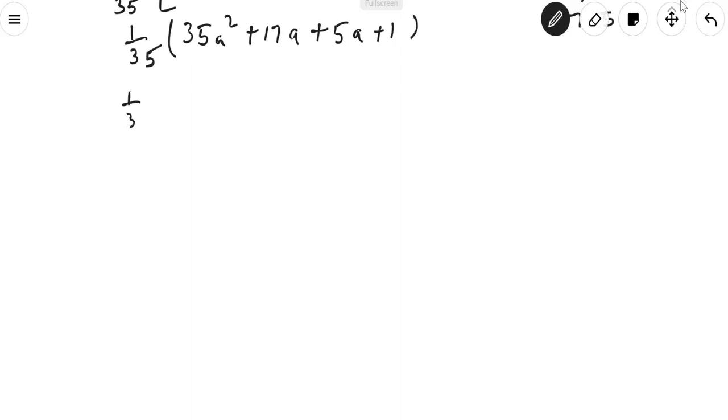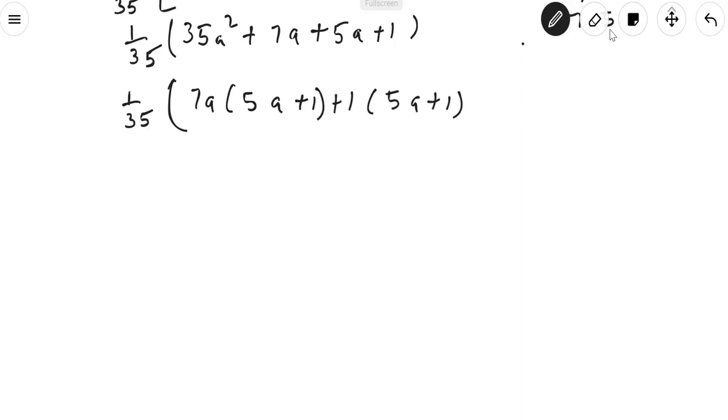So if you take common here, this is 7, this is 7. If I take 7a common here, what is left? 5a plus 1. Plus 1, so what is left? 5a plus 1. So what is common in these two terms? 5a plus 1 is common. Here what is left out is 7a plus 1 into 1 divided by 35. So these are the factors of problem number 16.